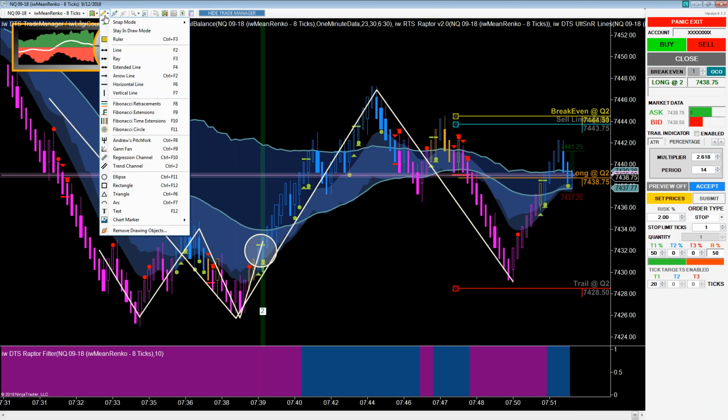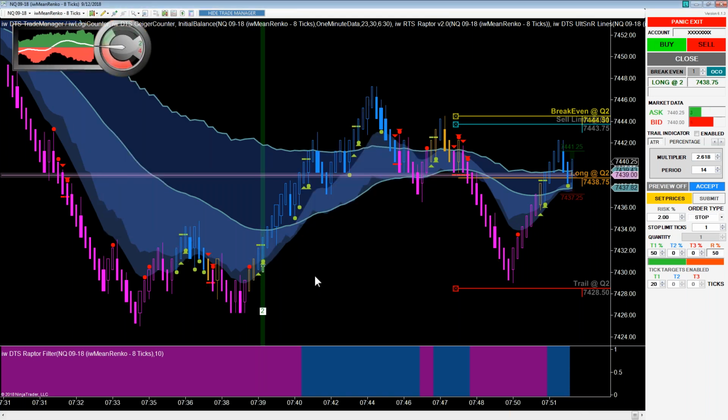Try to add a little bit more structure here to the trade. And given the way the market's been bouncing around a little bit today, it's going to be a tough trade regardless.